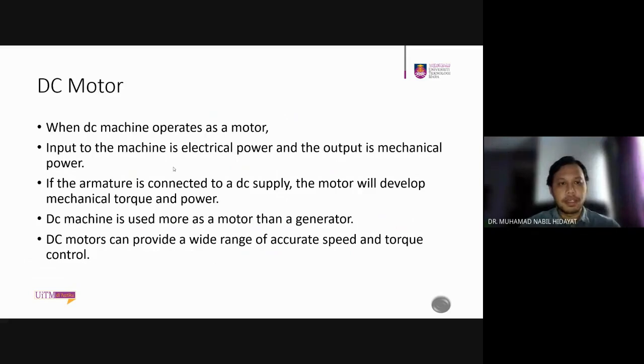A DC machine is used more as a motor than a generator, because a DC motor can provide a wide range of accurate speed and torque control.